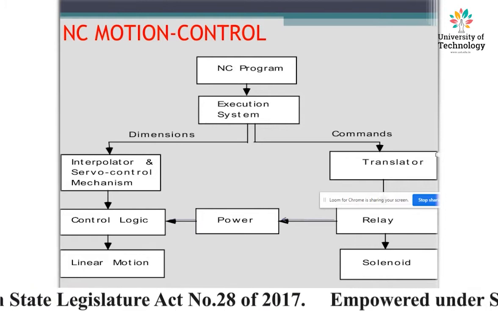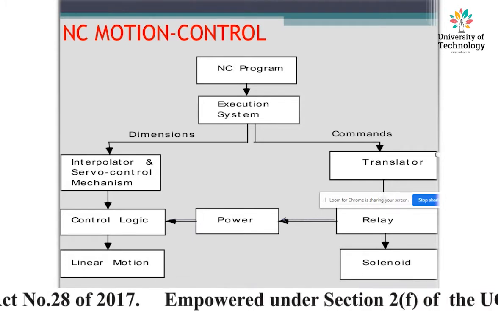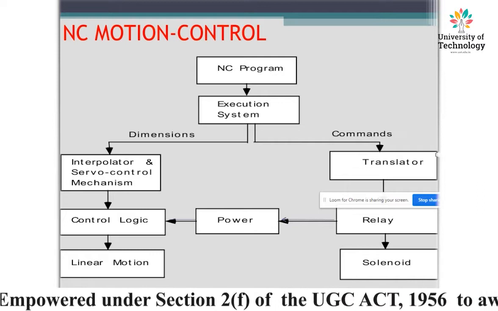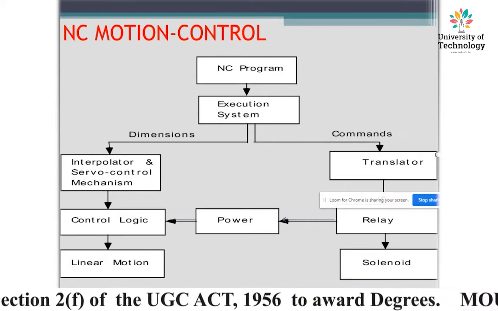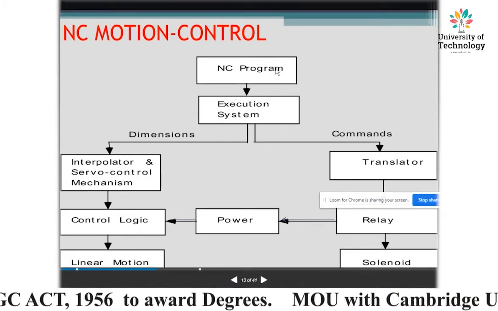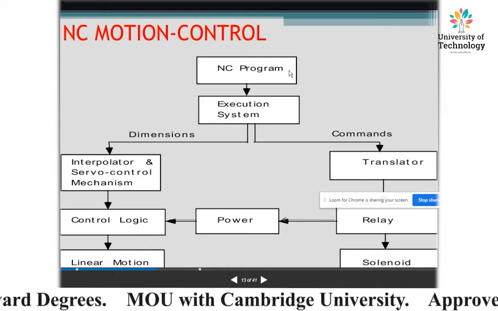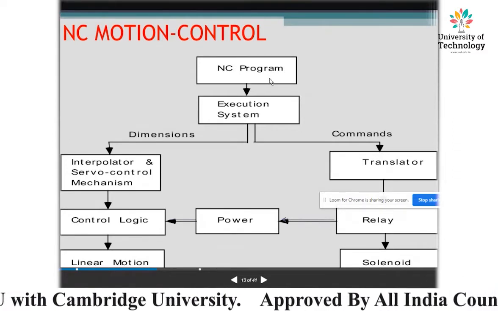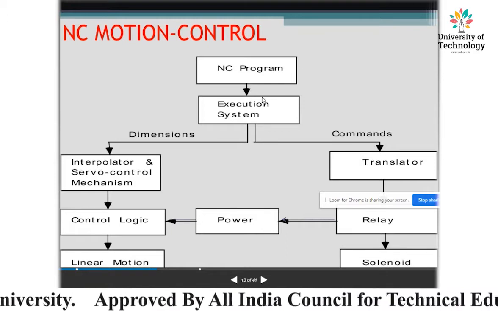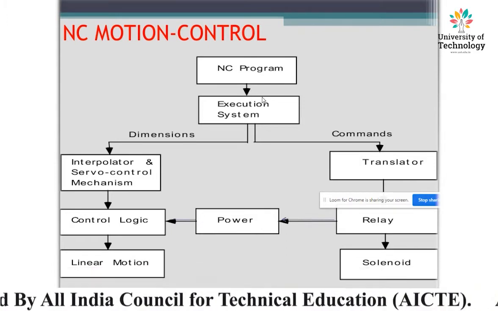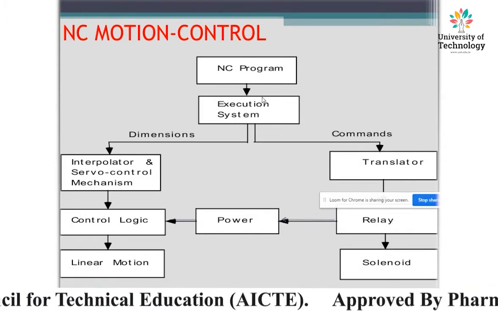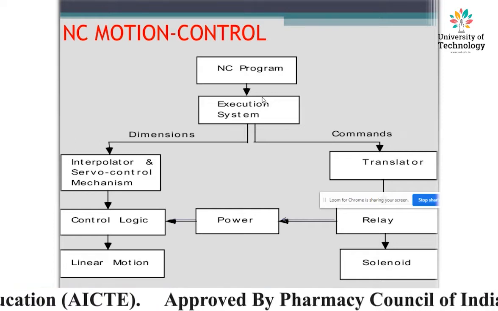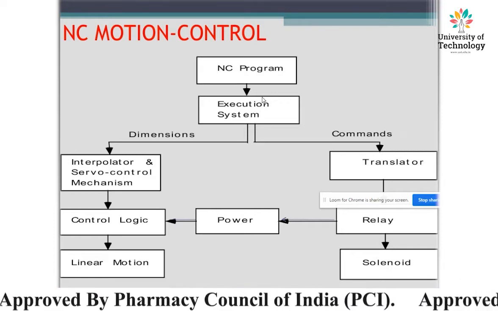Here we can see a block diagram of the NC motion control system. At the top of the diagram are the NC program and the NC program execution system. The execution of the NC program is divided into two parts: one is dimensions, the other is commands.